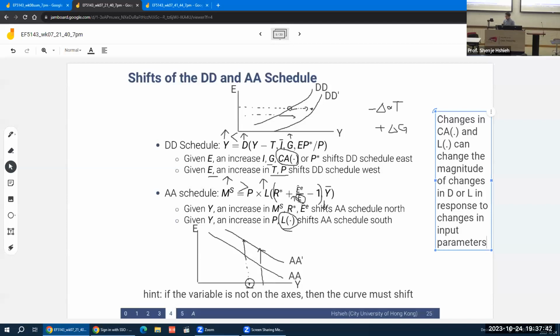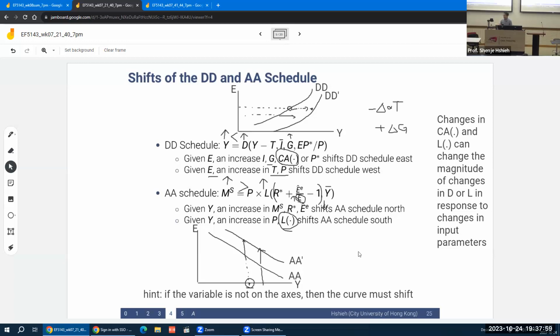That's an example to think about these parameters. All right.